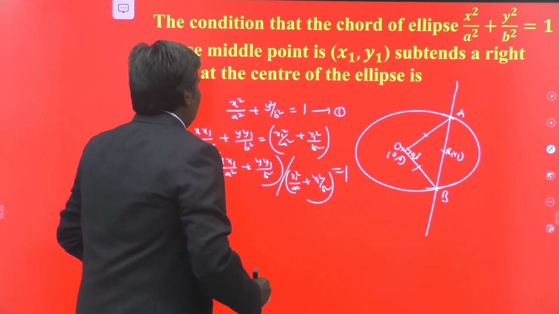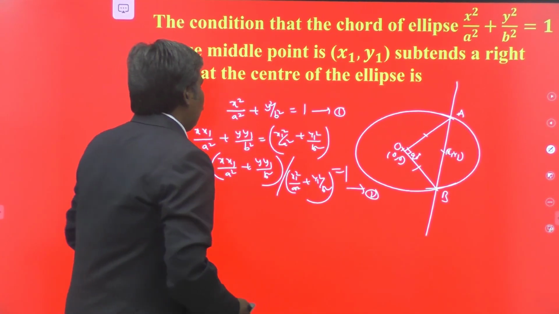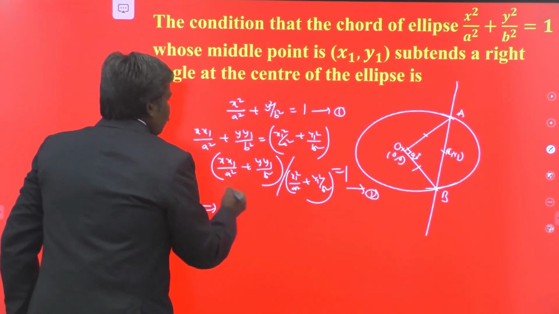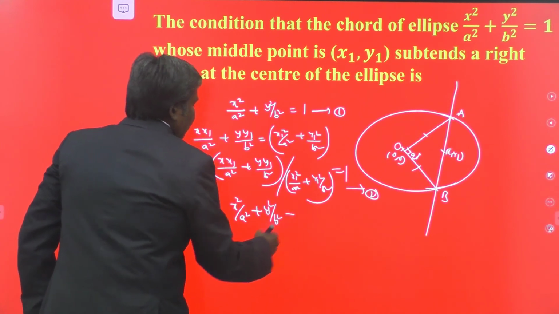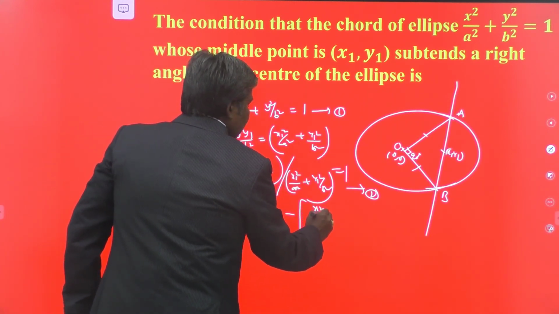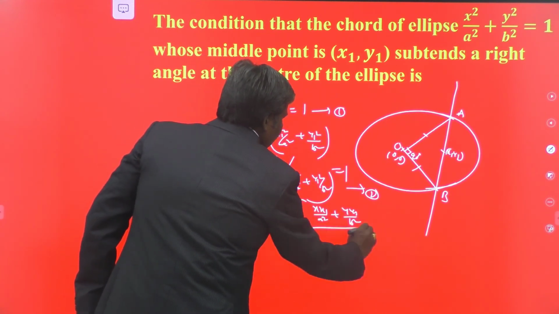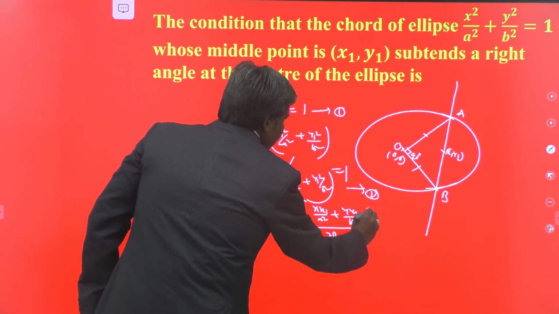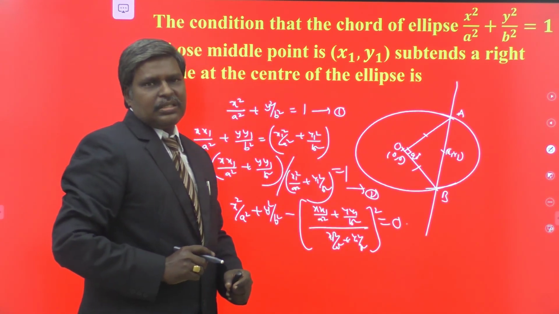We obtain the homogenization, and we get the pair of lines OA and OB. By homogenizing, we get x²/a² + y²/b² minus 1 squared. Instead of that one, you have to write the entire thing, that is ((xx1/a² + yy1/b²)/(x1²/a² + y1²/b²))² = 0. This is the thing we have.